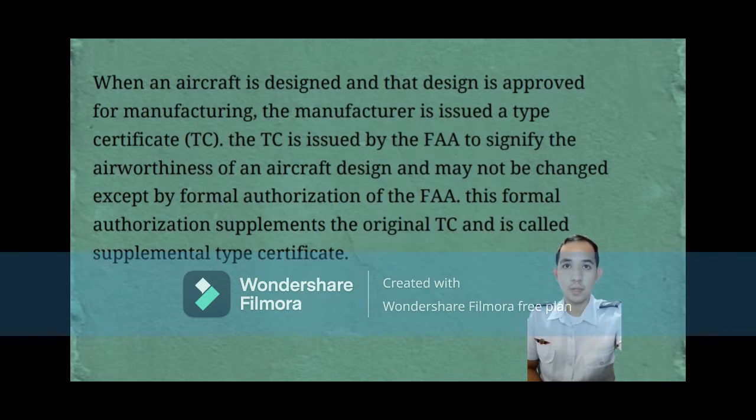So this document gives them the formal authorization and recognition by the FAA that their application has been permitted. Unless the FAA is concerned of any airworthiness related issues, there might be a problem.